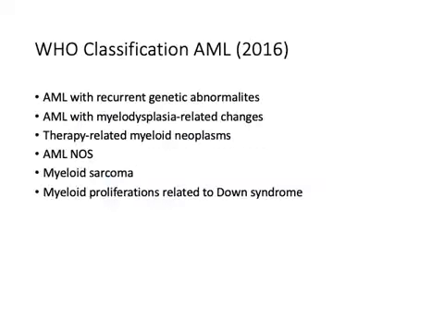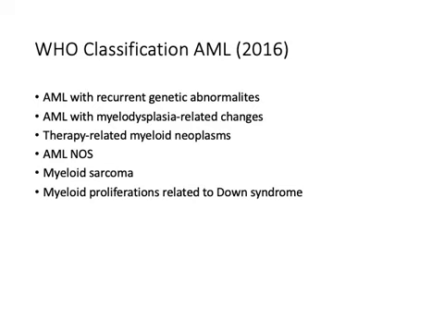Now, the WHO has classified your acute myeloid leukemia into several categories. So you could refer to your textbook for the different subcategories underneath the major categories. So you have your AML with recurrent genetic abnormalities, AML with myelodysplasia related changes. So these are patients who started with myelodysplastic syndrome and converting to AML.